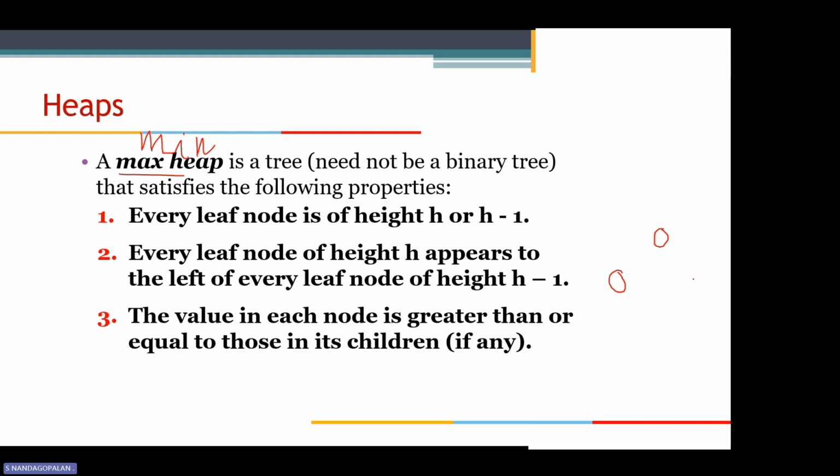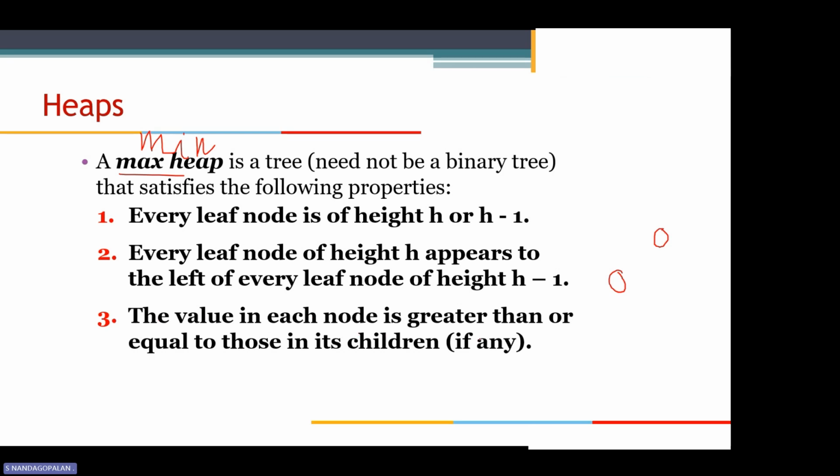It should not be on the right. That's because, I'll show you later, it's going to be represented as an array. So I don't want any empty locations in the array. If I don't follow this property, then I may end up with empty locations or blank junk values in between.